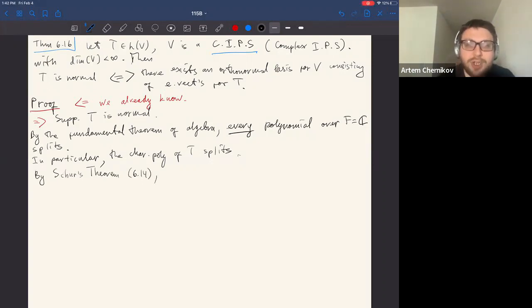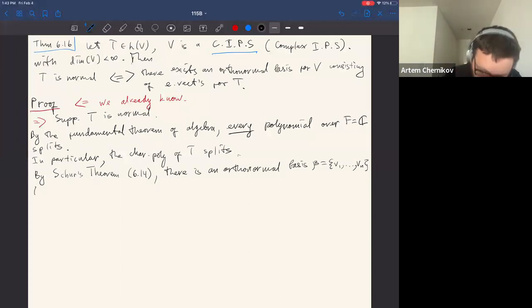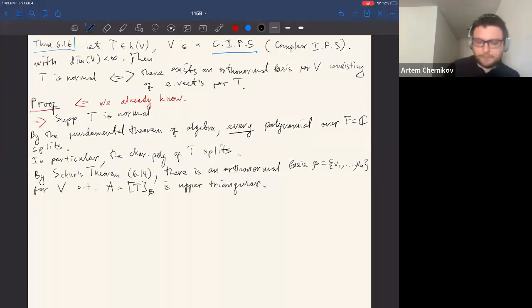If the characteristic polynomial of a linear operator splits, then there exists an orthonormal basis, denoted beta, consisting of V1 through Vn, where n is the dimension of V. So there is a basis like this for V, such that the matrix representing T with respect to this basis beta is upper triangular. Okay, so this was the point of Schur's theorem.